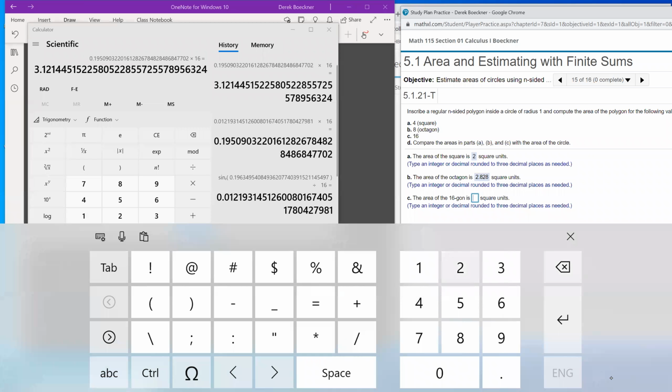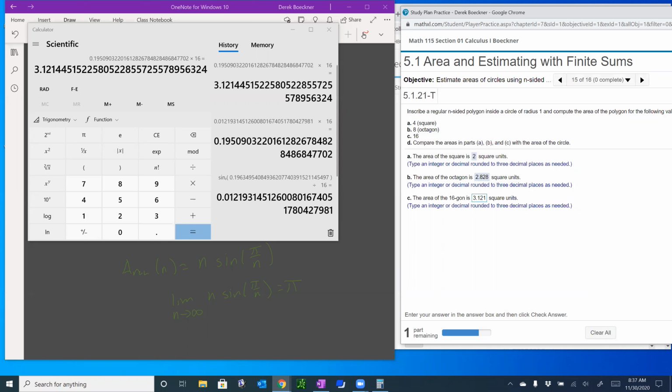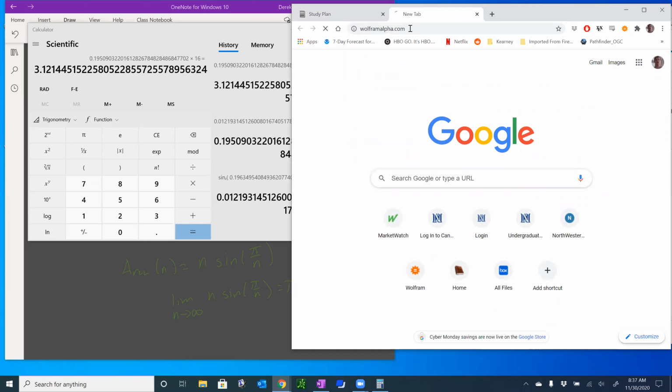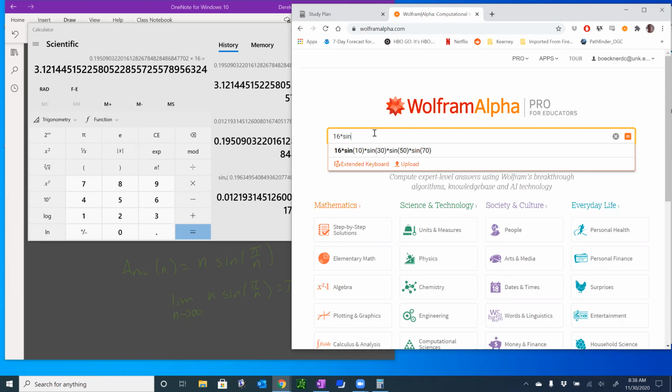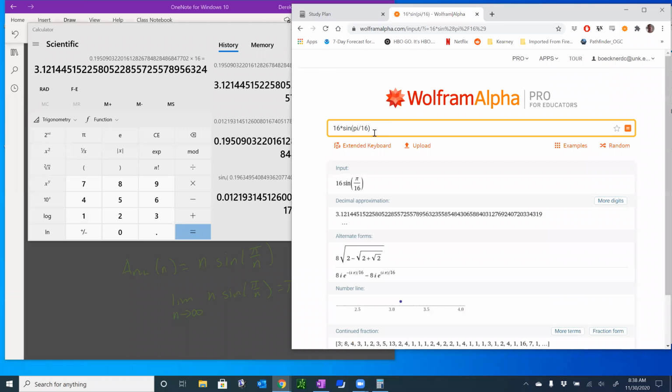3.121. Okay. We'll type this in someplace else. 3.121 still. Any ideas?